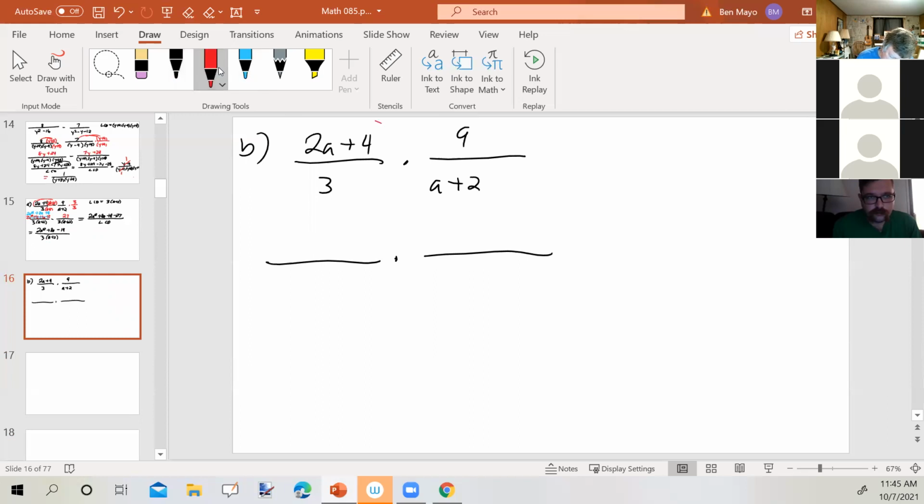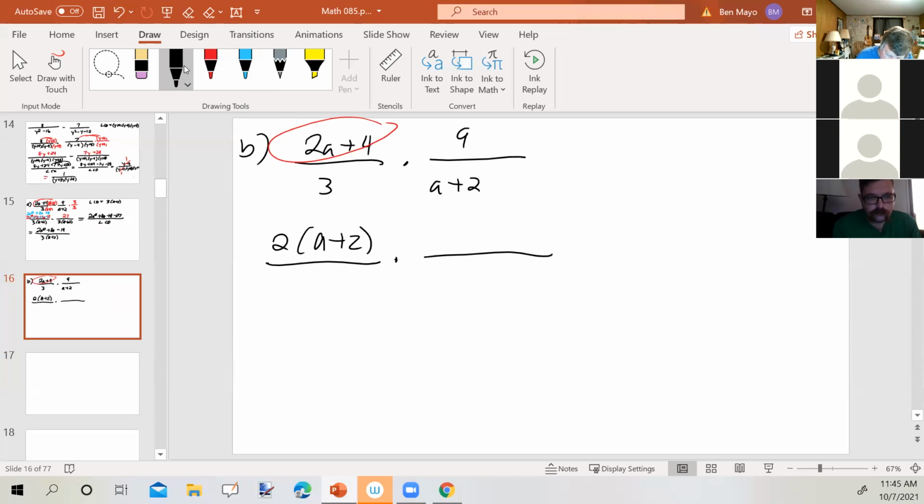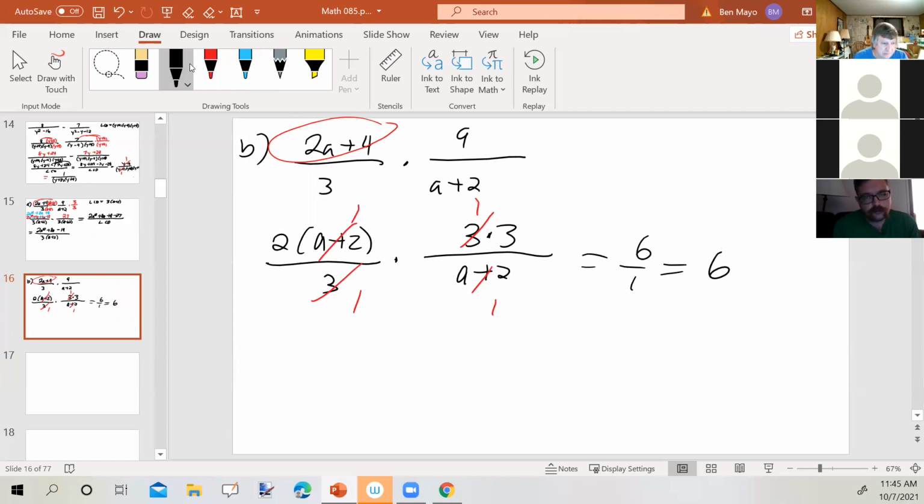So this, I could take out a greatest common factor of 2 and have an a plus 2 left over, 3 down below, a plus 2. 9 would be 3 times 3, if you wanted to write it out that way. So then I can reduce out one of the 3's and the a plus 2, and I have 6 over 1, or just 6. Okay, thank you. That it for that one? Yep, that's it. Okay, anybody else?